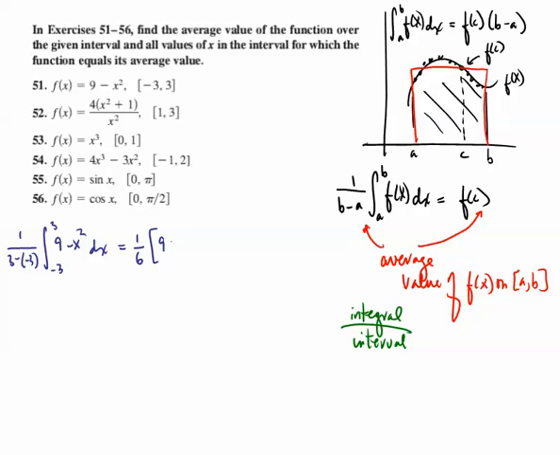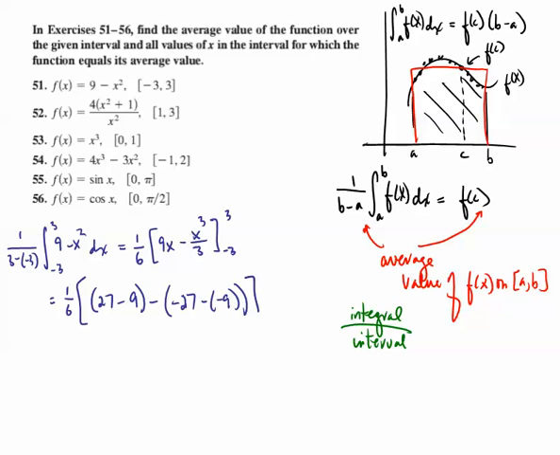So the antiderivative of 9 is 9x. The antiderivative of x squared is x to the third over 3, from negative 3 to positive 3. And this comes out to be 1/6 times, all right, 9 times 3 is 27, minus 3 to the third over 3, which is 9. So that's the antiderivative evaluated at 3, minus the antiderivative evaluated at negative 3, which is negative 27, and then we're going to have minus negative 9.